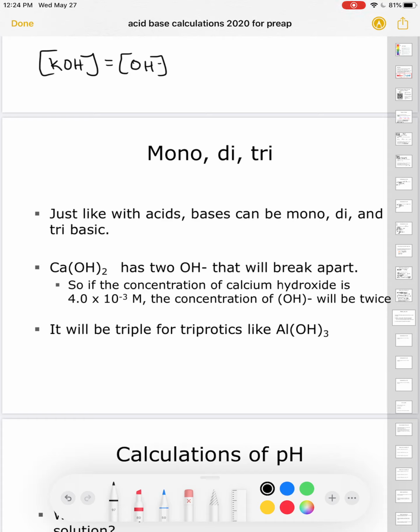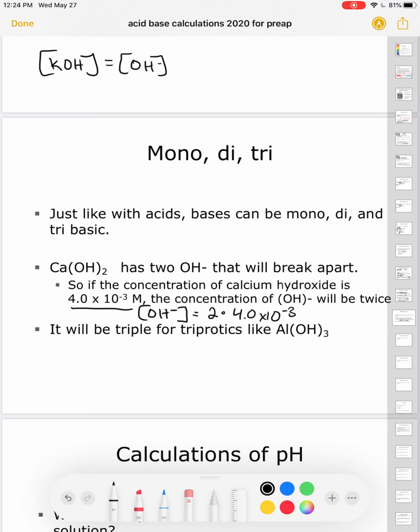So let's say your calcium hydroxide concentration is 4.0 times 10 to the negative 3, the hydroxide concentration, the OH minus concentration, will be equal to 2 times 4.0 times 10 to the negative 3.